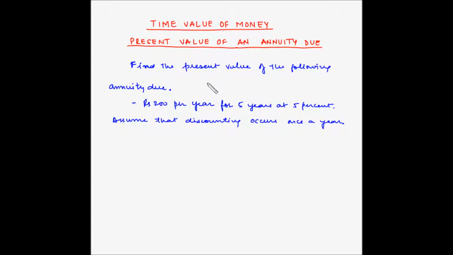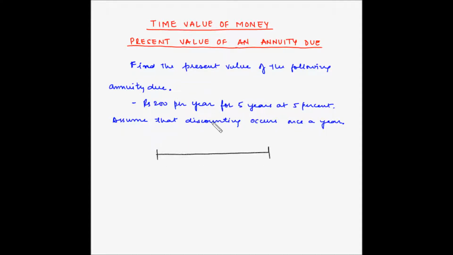Now, the question at hand is: find the present value of the following annuity due. Rupees 200 per year for 5 years at 5%, and assume that discounting occurs once a year. So let us draw the time scale to further understand this example.